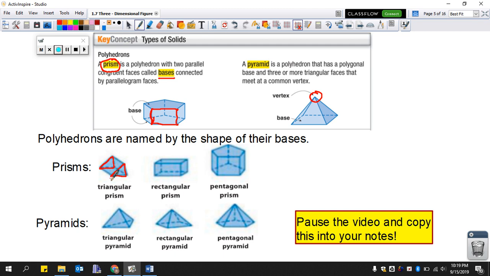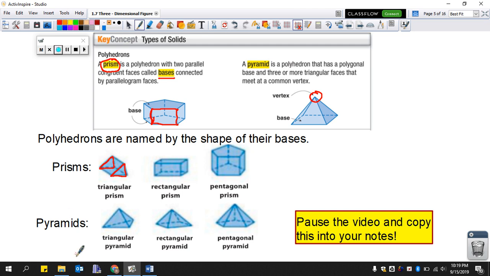The bases are just simply the two parallel faces. All right, the faces that are parallel. So if you have triangles, that's a triangular prism. If you have rectangles, you have a rectangular prism. And if you have pentagons, you have a pentagonal prism. Remember, a pentagon is a polygon with five sides, right?